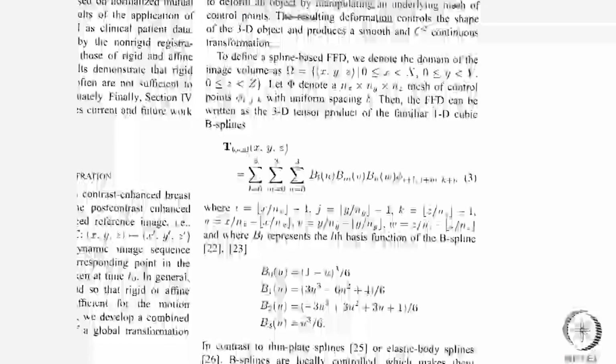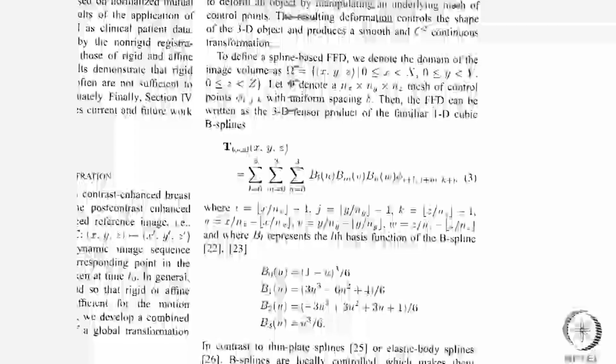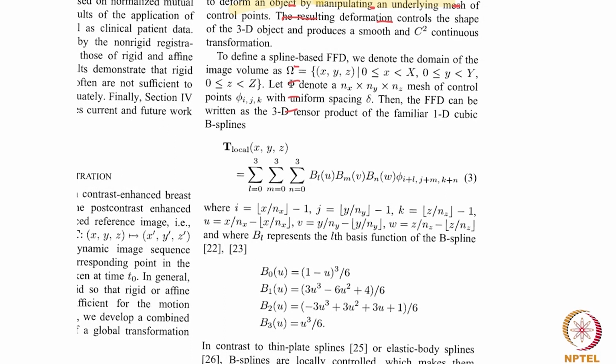So what do these functions B0, B1, B2, B3 do? They tell you the weighting of each of these control points based on the distance. In this case, it's u along x, maybe v along y, and w along z, the distance from the control point. If you look at this line of the paper, it tells you how they calculate the distances. So for every point, you locate the nearest set of control points.